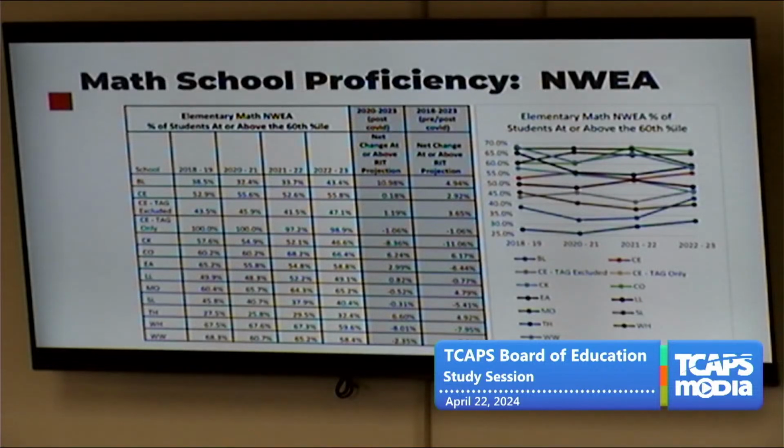We were just trying to get an idea of whether kids were making adequate RIT growth towards their projected RIT score. That gives us an idea: is our instruction having the impact that it should? If they're hitting that RIT projection, that's about a year's worth of growth.